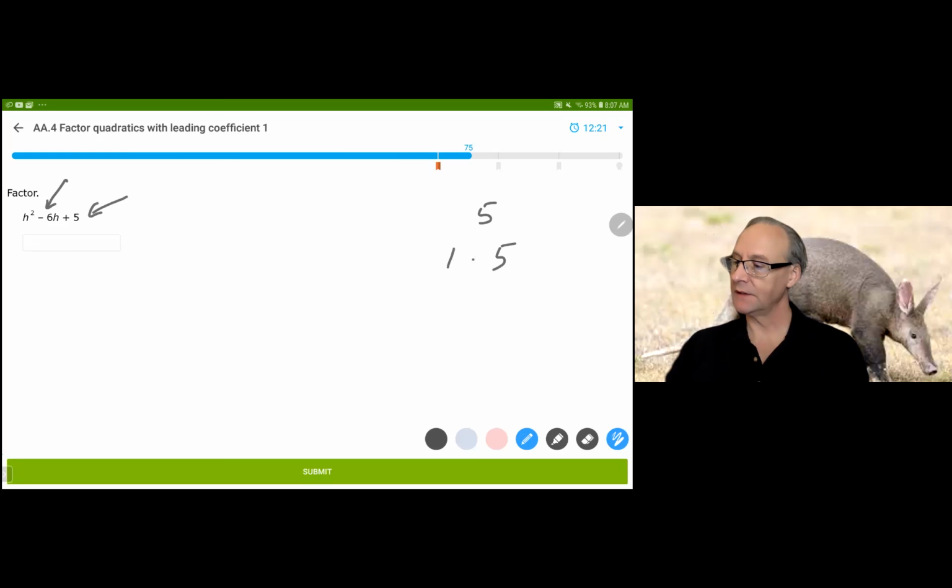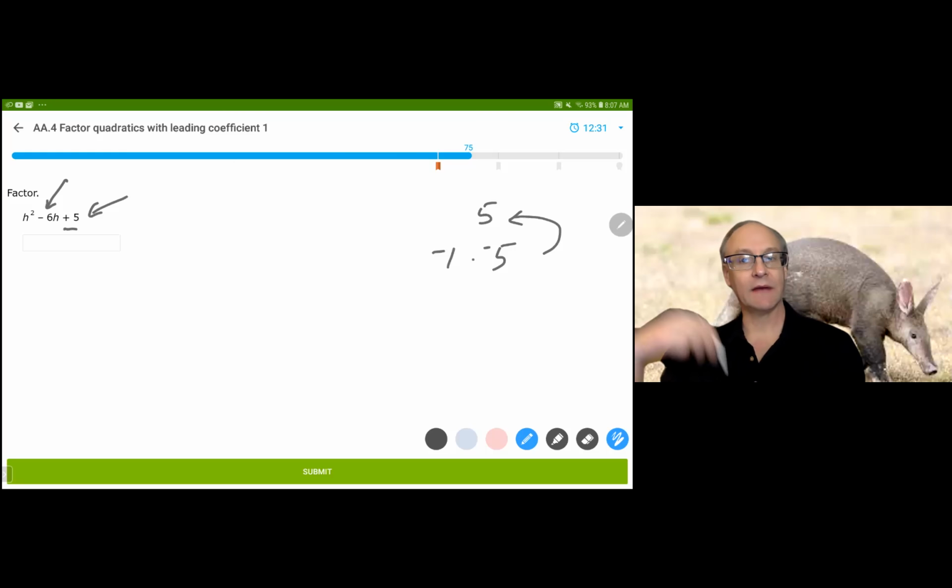So we need a negative times a negative to give us that positive 5, don't we? Whenever you get a positive at the end, the middle is a sum, and the signs of the numbers are the same. Same, sum, different, difference.